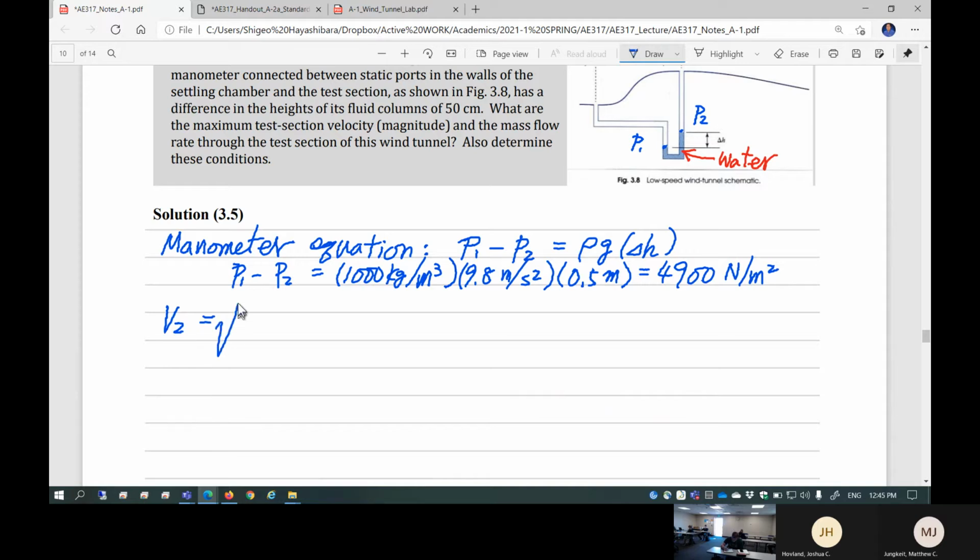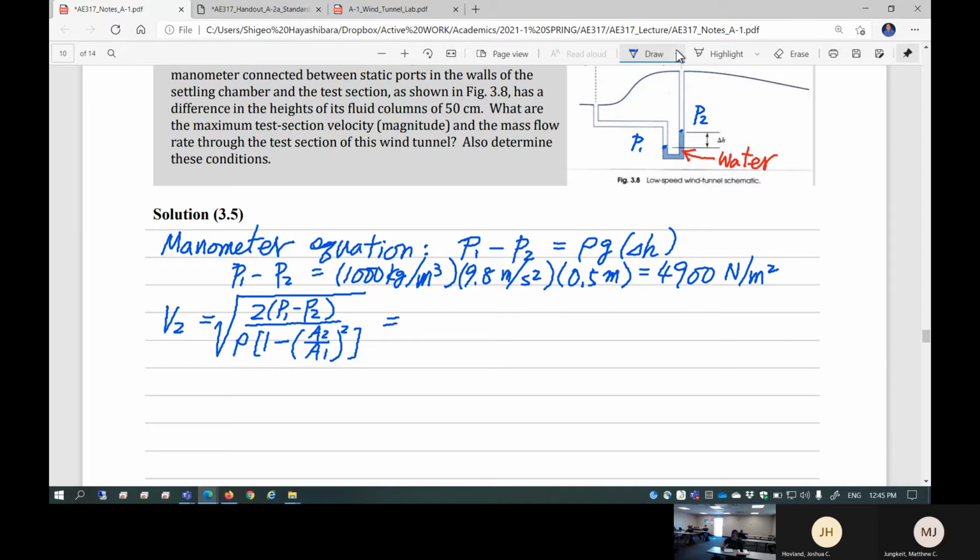V2 is equal to the square root of 2 times the pressure difference, P1 minus P2, over density rho times 1 minus the area ratio A2 over A1 squared, close bracket.